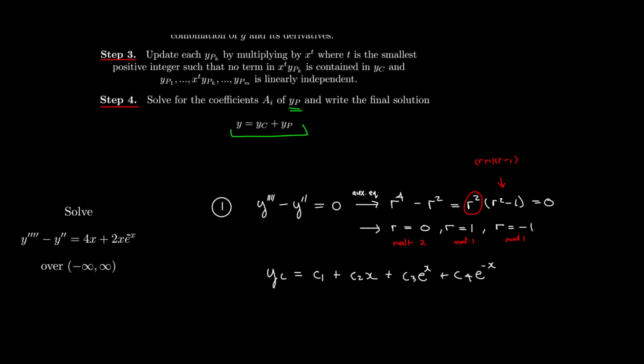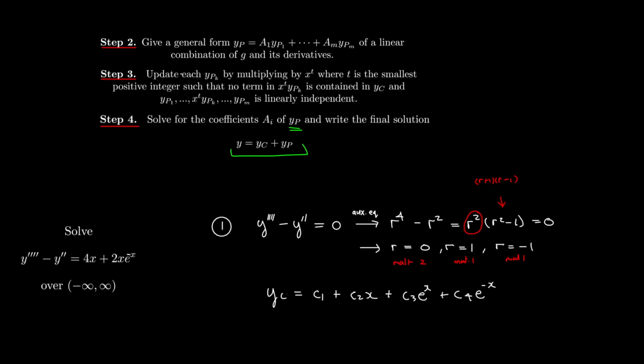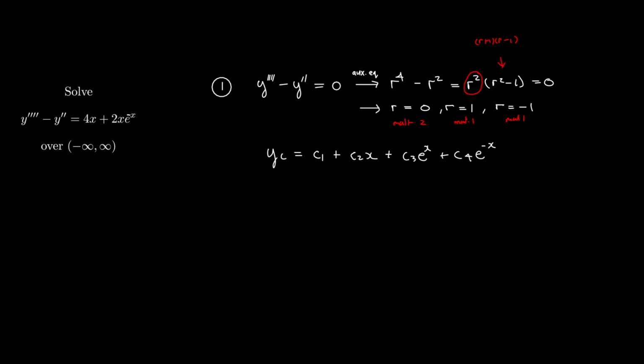Now, second step, we have to guess a general form for our particular solution, which is based on asking the question, what is a general linear combination of g and its derivatives? So we take here yp, and we have to look at this function here and ask, what kind of functions can I obtain from differentiating this function multiple times and then combining that and adding it to other derivatives of this function.